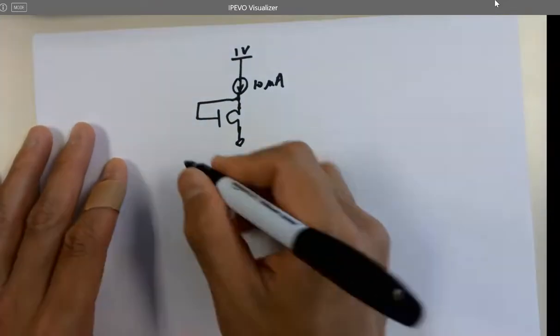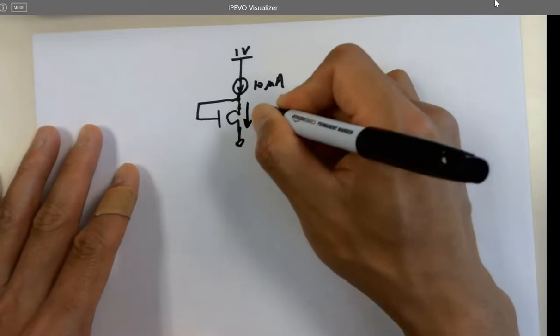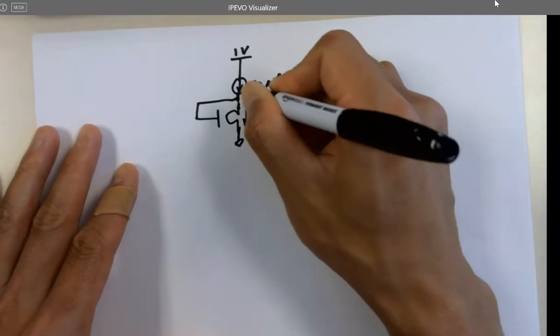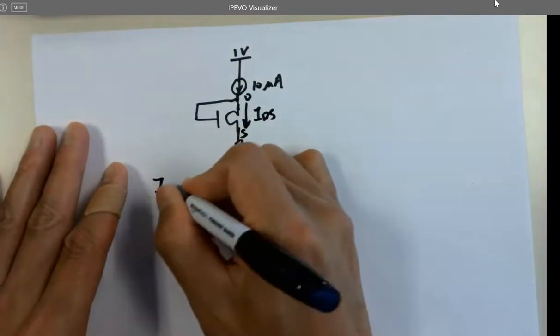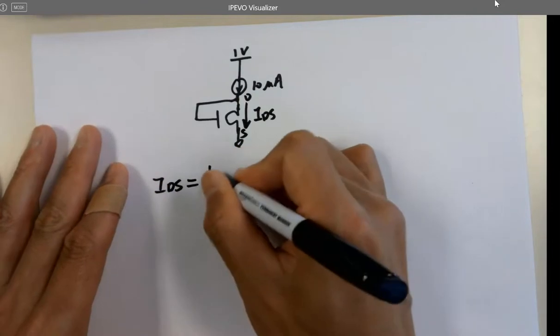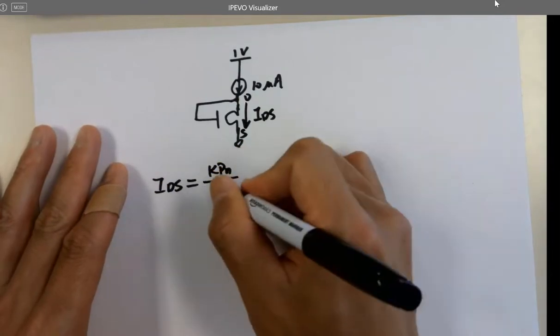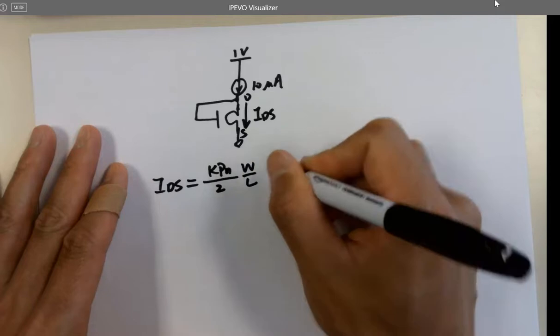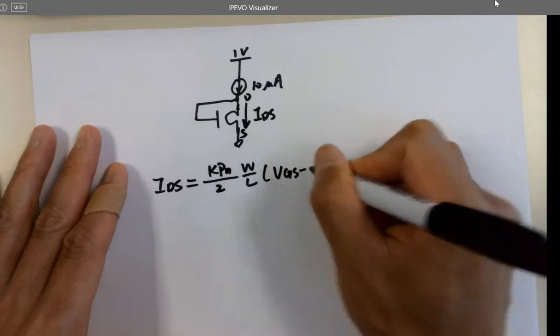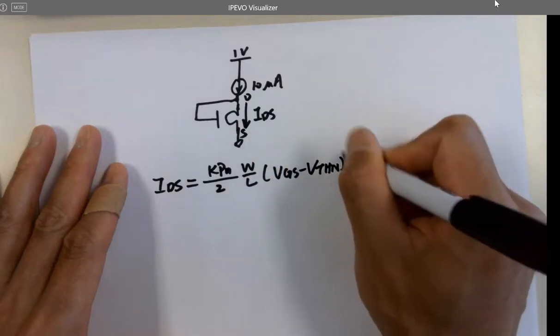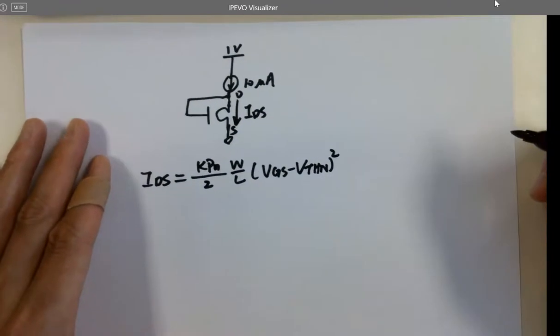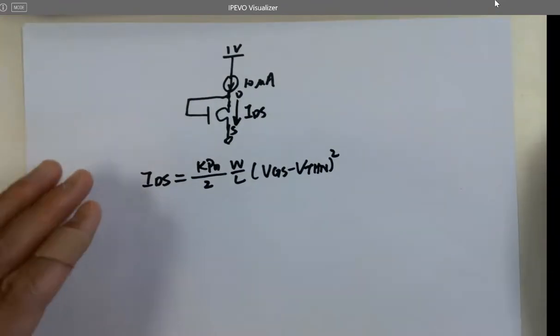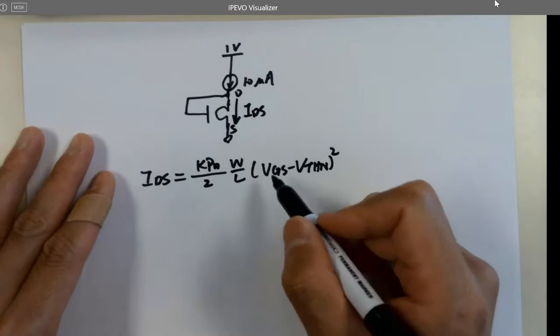And remember the square law equation? Here's IDS, drain to source, and IDS equals KPN, which is given, times width over length, times (VGS minus VTHN) squared.